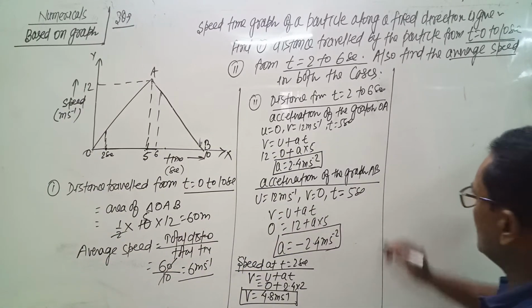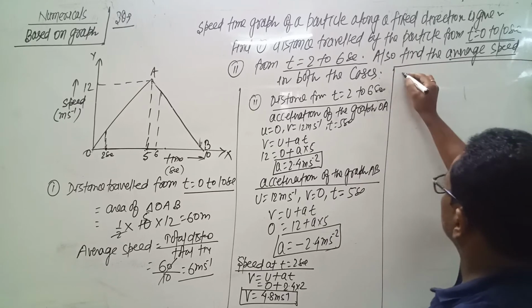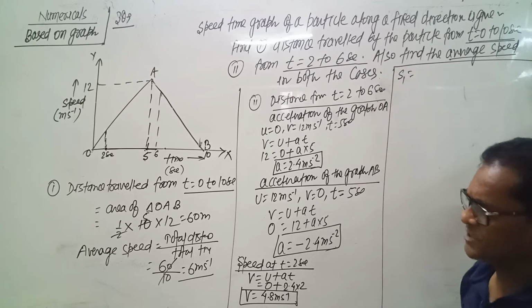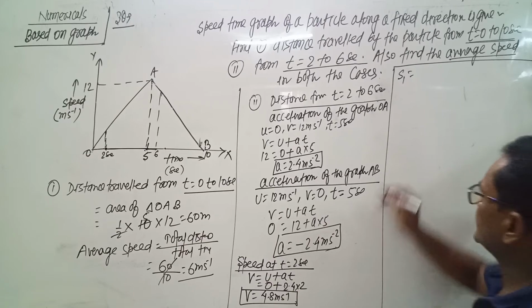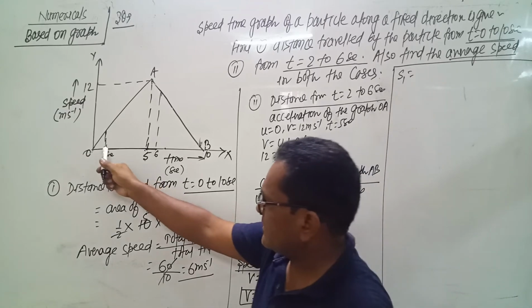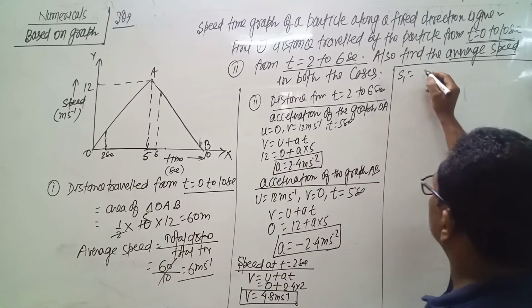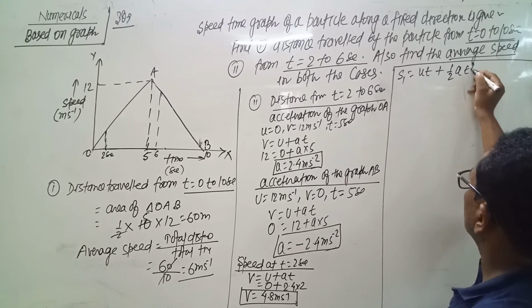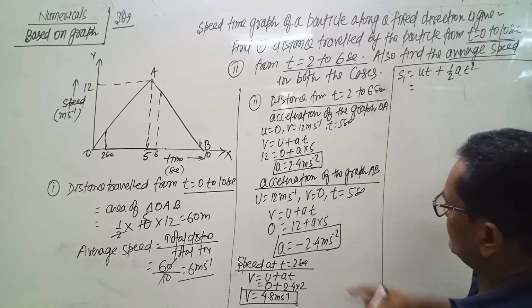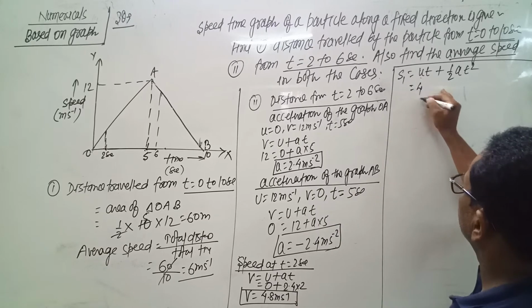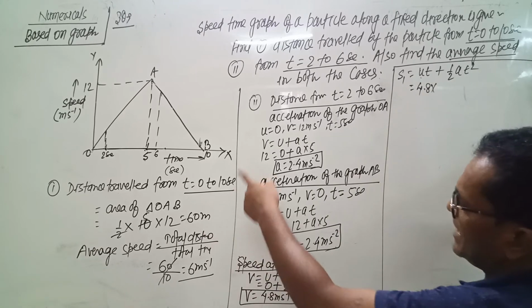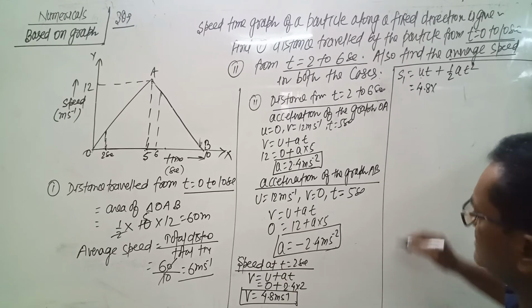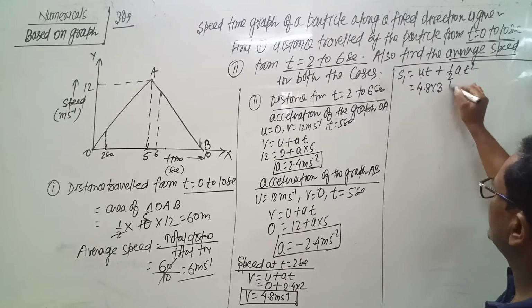Now we use the formula for finding the distance S1, the distance travelled from 2 to 5 seconds. S1 equals ut plus half at square. So u is 4.8 and time from 2 to 5 means the interval is 3 seconds.